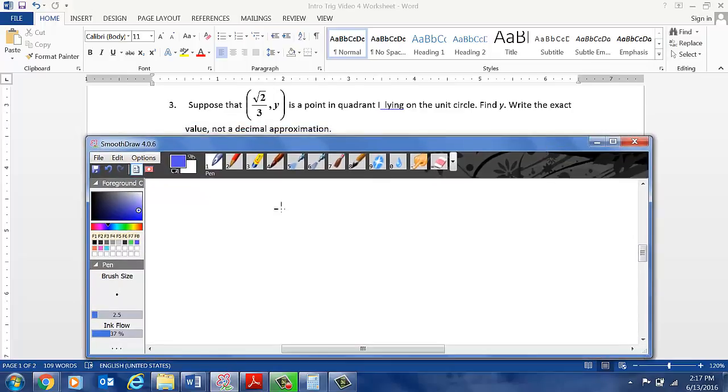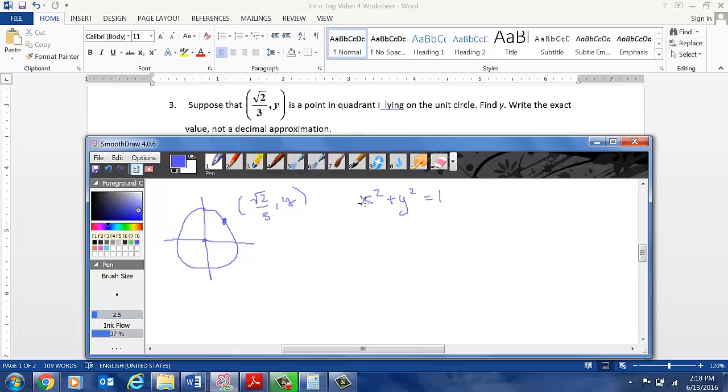So if this point is in quadrant 1, all right, so again, sketching the unit circle. So we're looking at a point in quadrant 1, and I know that these are the coordinates, and I'm being asked to find y. Well, remember an equation of a circle, and specifically unit circle, where the origin is the center. The equation of that unit circle is x squared plus y squared equals 1.